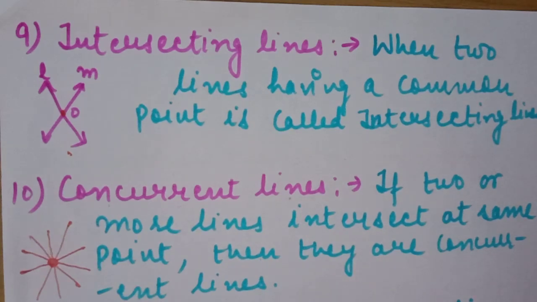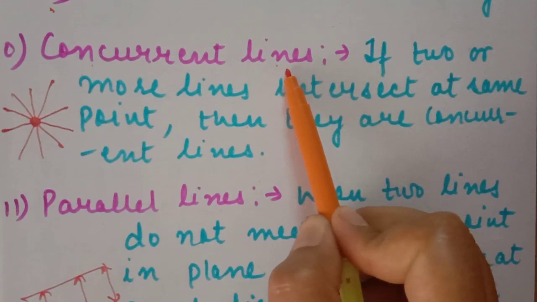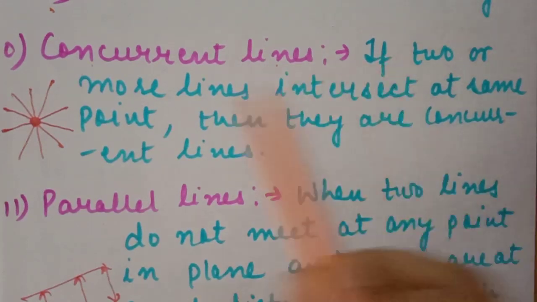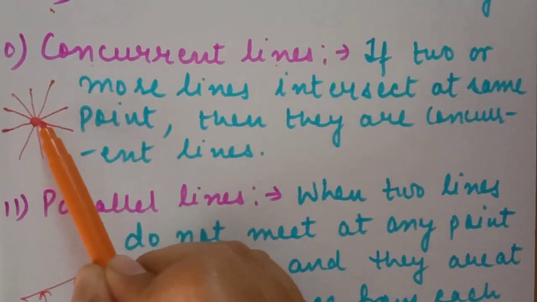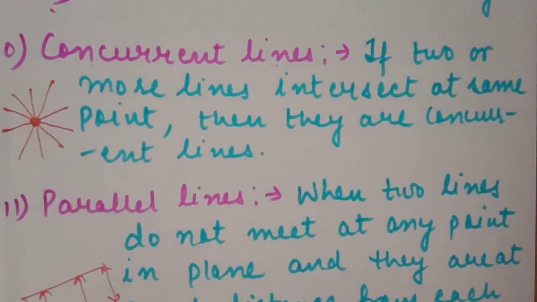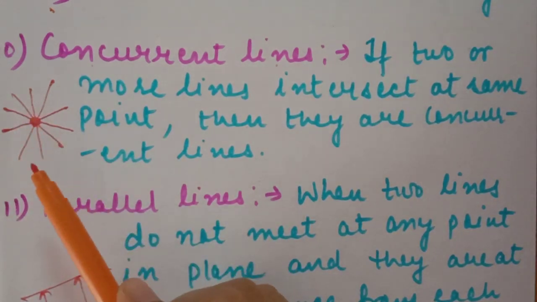Next is concurrent lines. Concurrent lines are those lines which intersect each other at a common point. Now what is the difference between intersecting lines and concurrent lines? In intersecting lines we have only two lines.